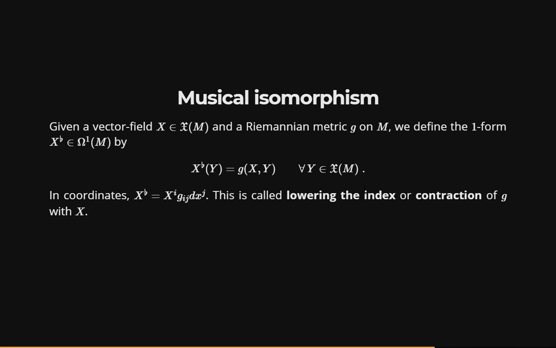So g_ij multiplied by something which has an index i above lowers the index. Usually you just write that x_i is equal to x^j g_ij.